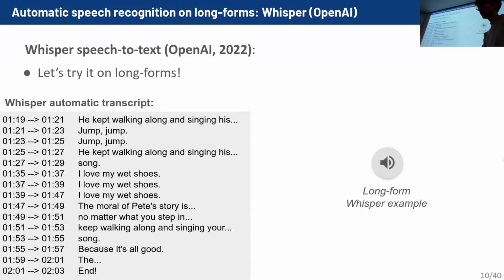He kept walking along and singing his jump, jump. He kept walking along and singing his song. I love my wet shoes.